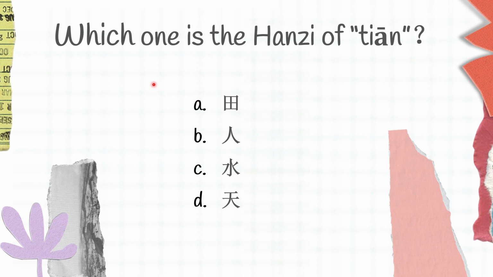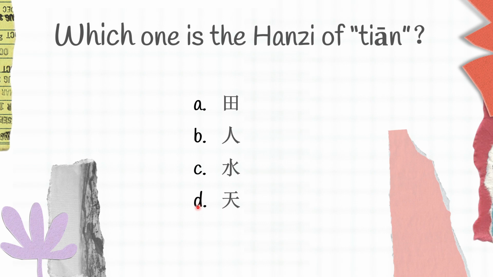The next question, which one is the Hanzi of Tian? You can try to recall first. A is Tian, B is Ren, C is Sui, and D is Tian.